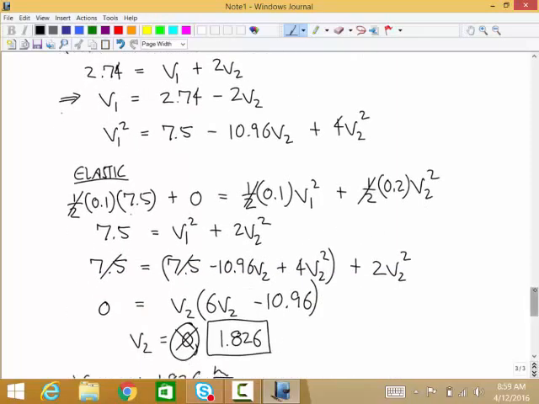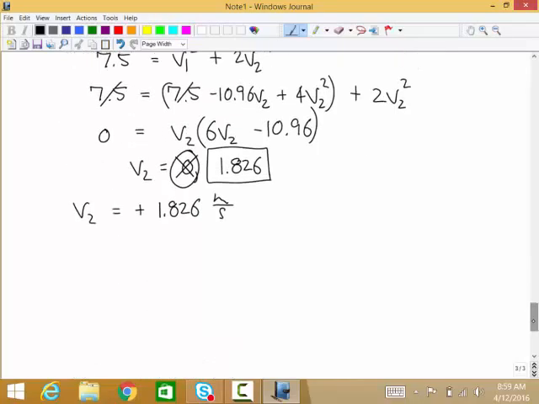You should get something like negative 0.92. So the first ball after the collision is bouncing back towards the spring.